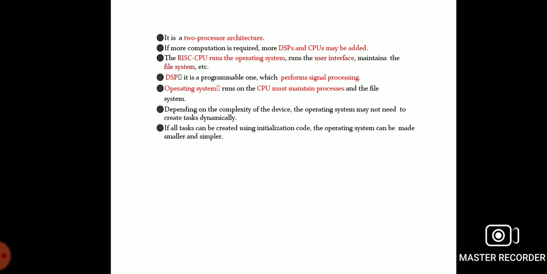Now it is a two processor architecture. If more computation is required, more DSP and CPU may be added. The RISC CPU runs the operating system, runs the user interface, maintains the file system, etc. Then the DSP is a programmable one which performs the signal processing. The operating system running on the CPU must maintain the processes and the file system.